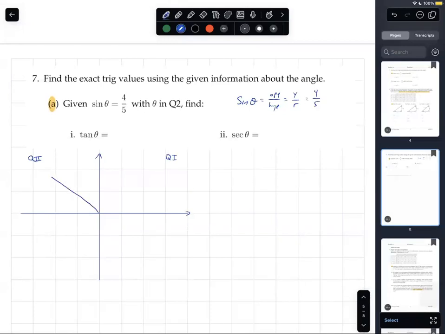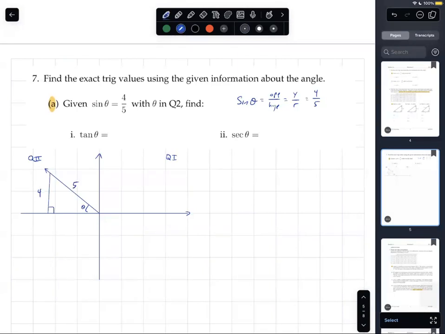So if I draw an angle that terminates in the second quadrant, then I can draw a triangle using just a perpendicular line to the x-axis. The side lengths that we know are the opposite side and the hypotenuse.